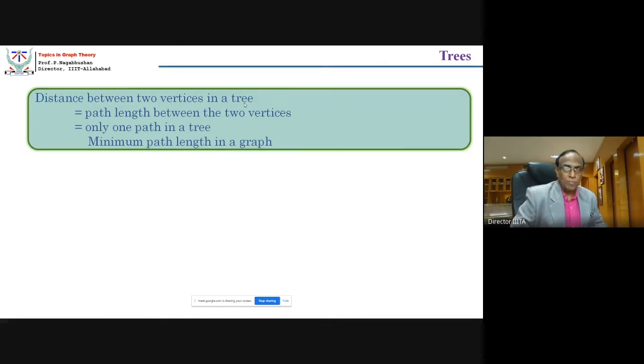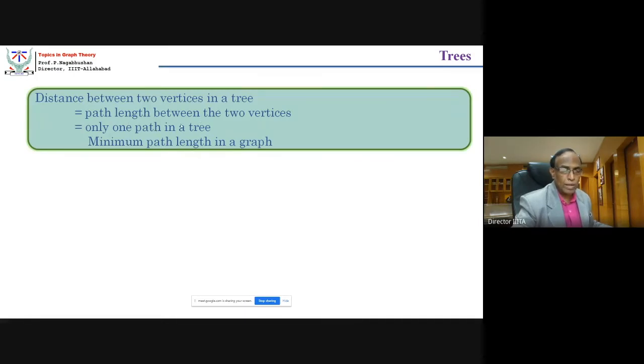That is practical. But here in a tree, there is one and only one path between any two vertices. Therefore, the path length between the two vertices is the distance between the two vertices in a tree, because there is only one path. On the other hand, minimum path length in a graph is different, and in a tree it is just the path length between the two vertices.